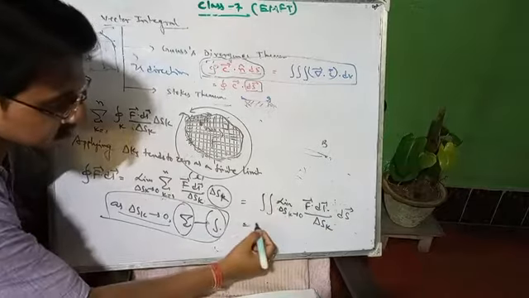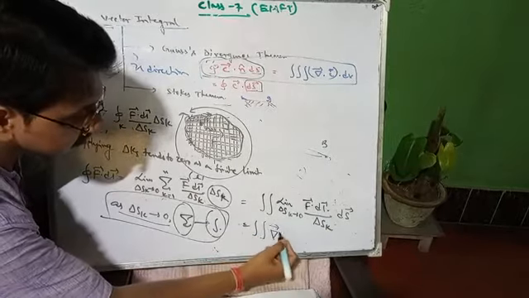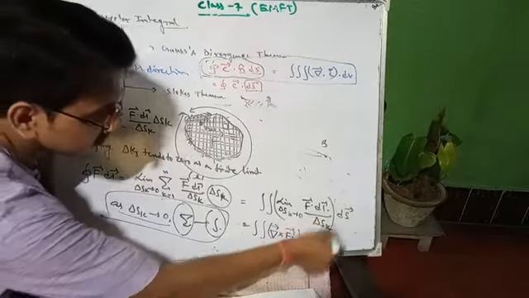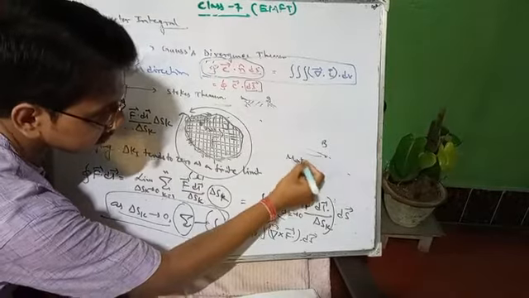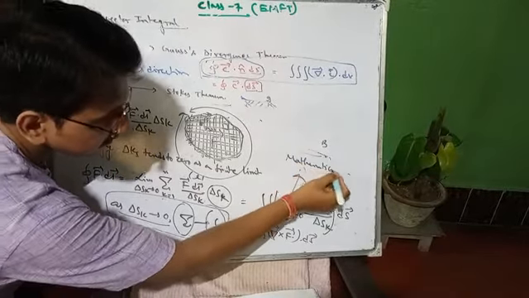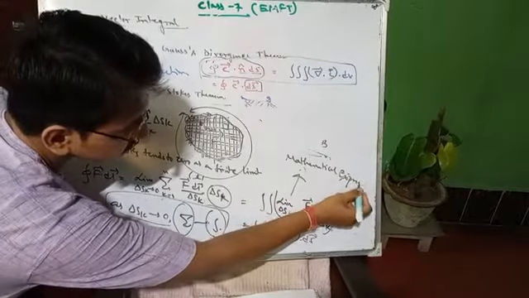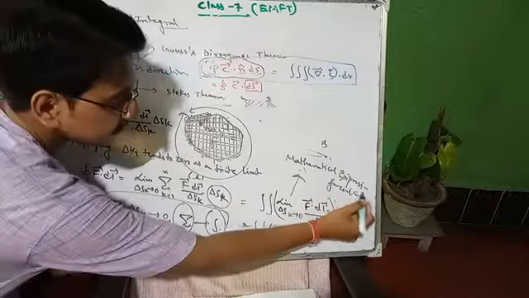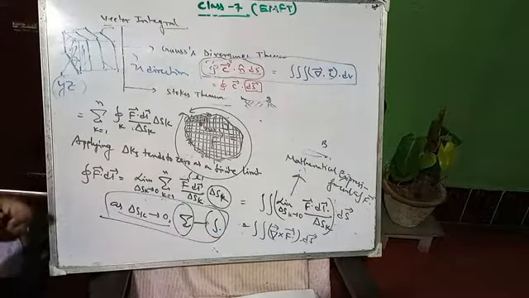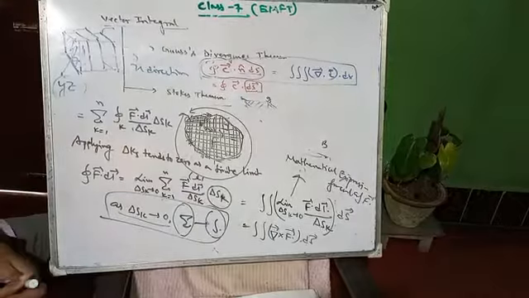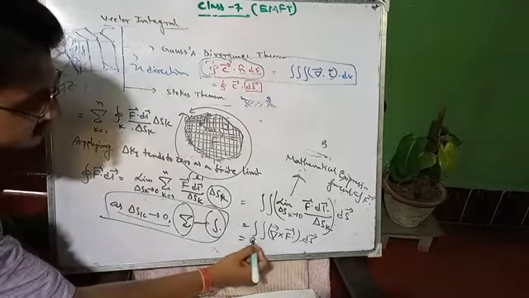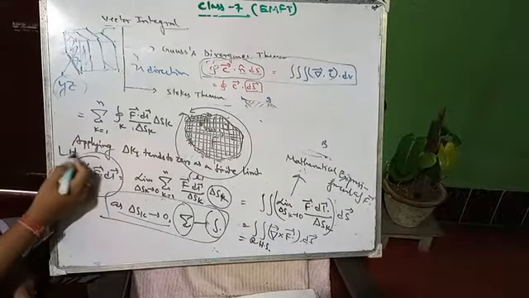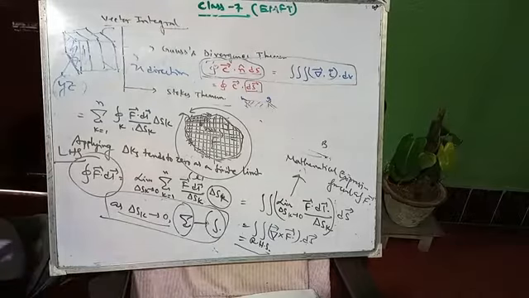This is nothing but the formula for curl, the mathematical expression for curl of f. So this is the left hand side and this is the right hand side, so you can easily prove it.